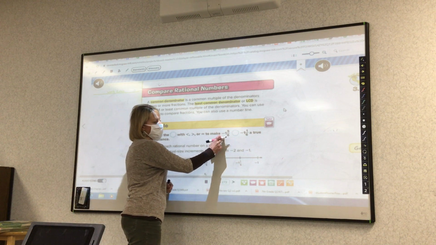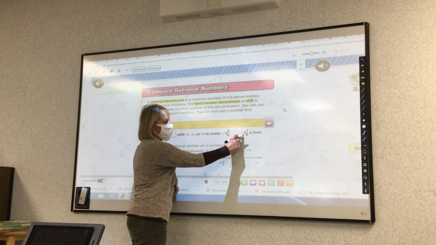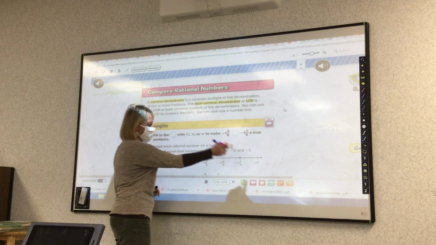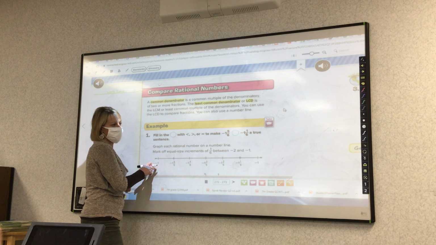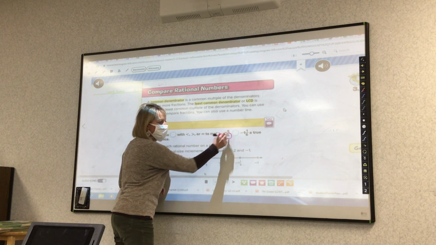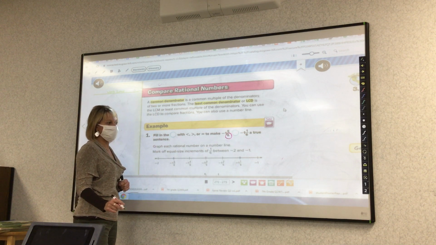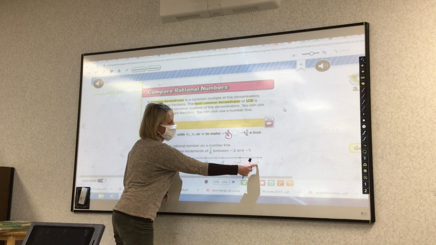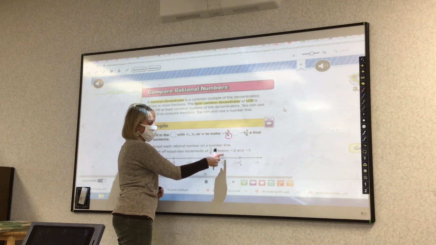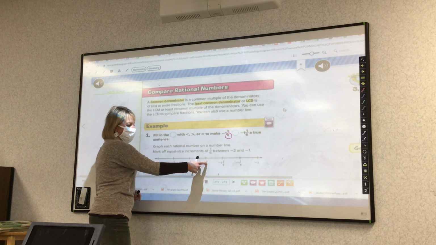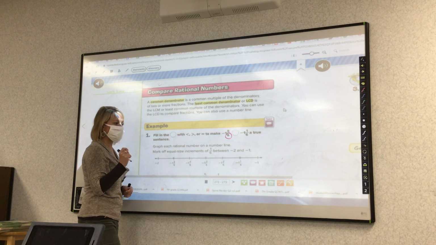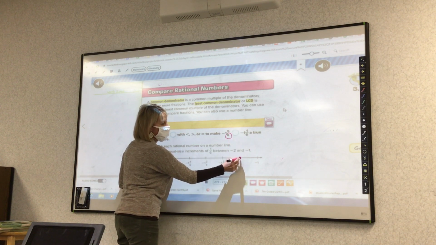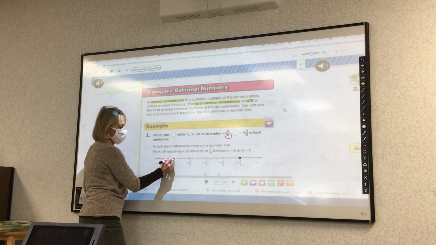If it's negative 1 and 5/6 and negative 1 and 1/6, my number line has to be between negative 1 and negative 2. I would split it into 6 parts because it's sixths. So you see, I would start here at negative 1, and go negative 1 and 1/6, negative 1 and 2/6, negative 1 and 3/6. That's how I would number my number line. And then I find negative 1 and 1/6 is right here. Negative 1 and 5/6 is here.